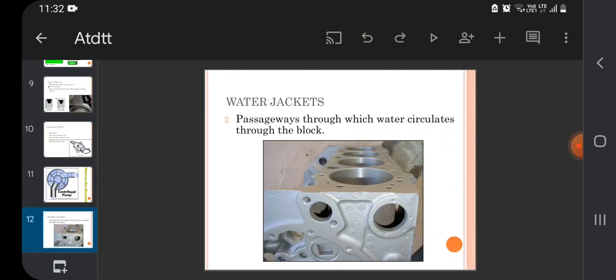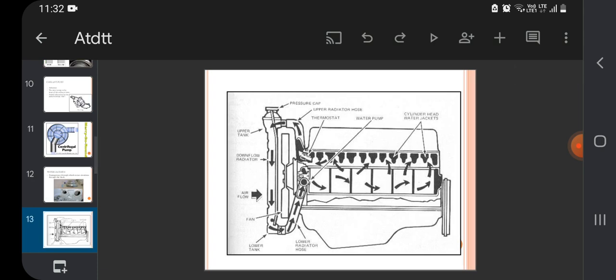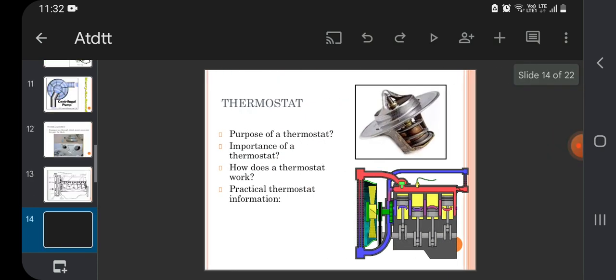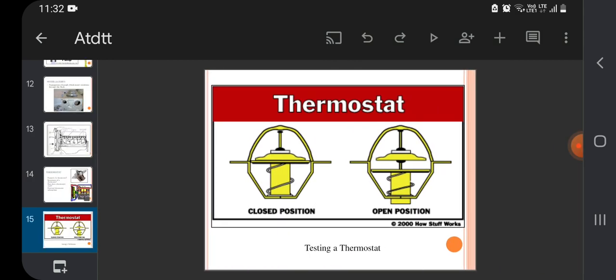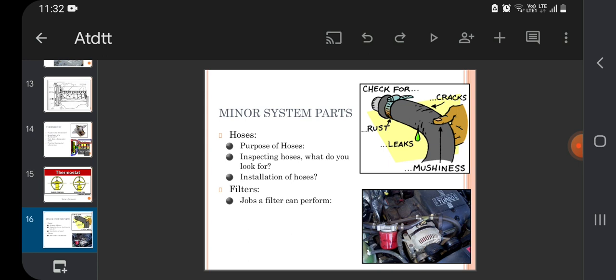Water jackets. Passageways through which water circulates through the block are shown in the picture. Thermostat. Thermostat in a closed position and thermostat in open position. Minor system parts. Hoses.